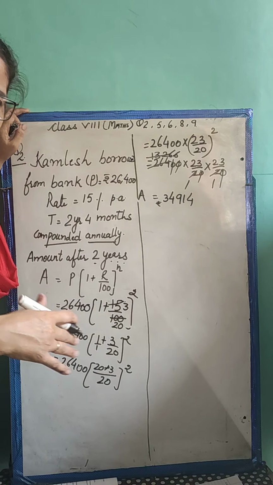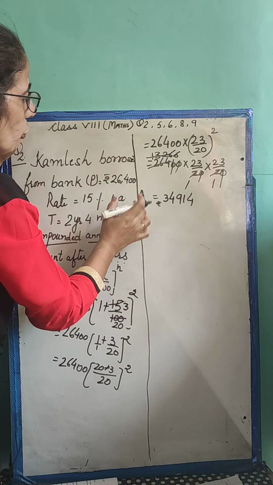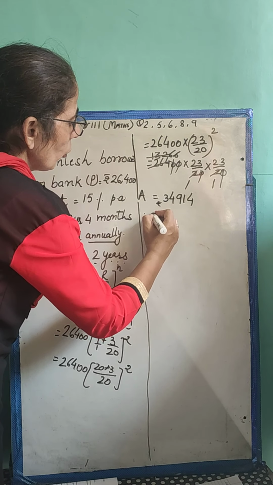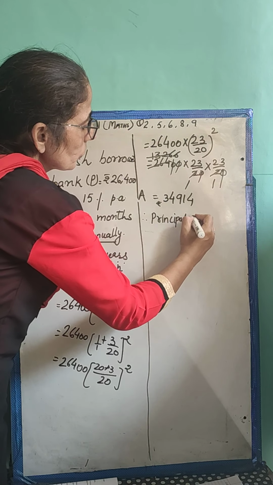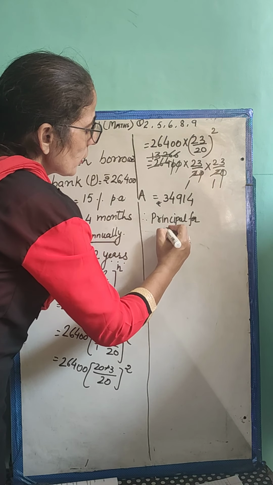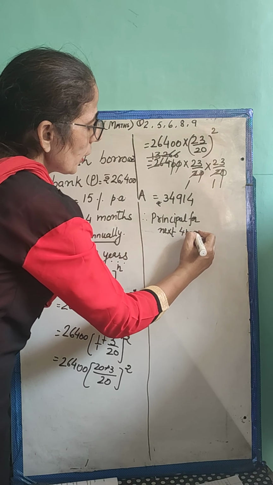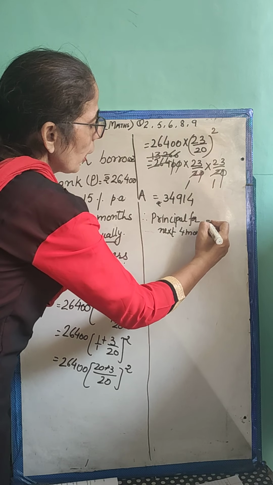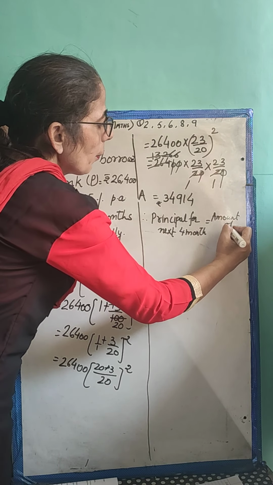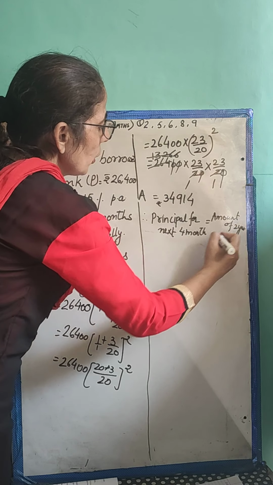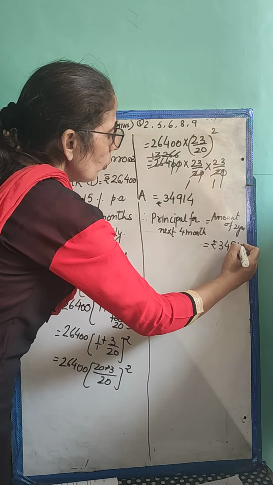The amount of 2 years will become the principal for the next 4 months. So the principal for the next 4 months is the amount of 2 years, which is rupees 34,914.